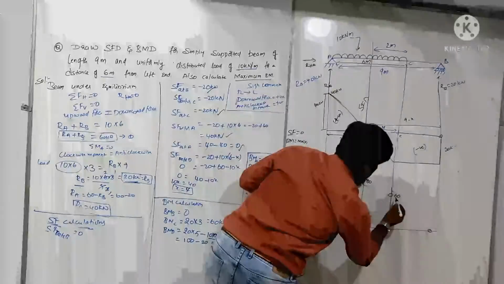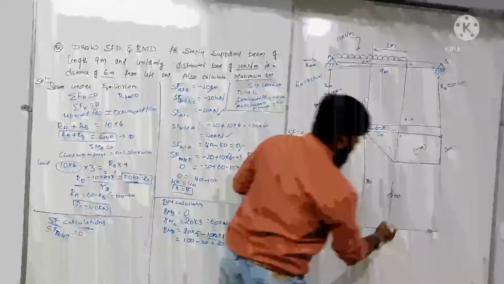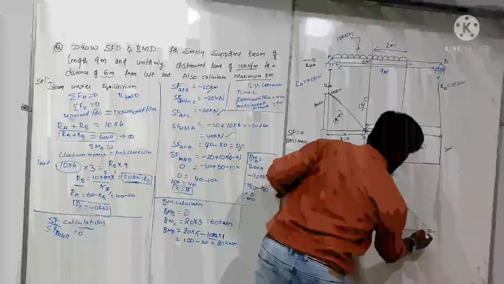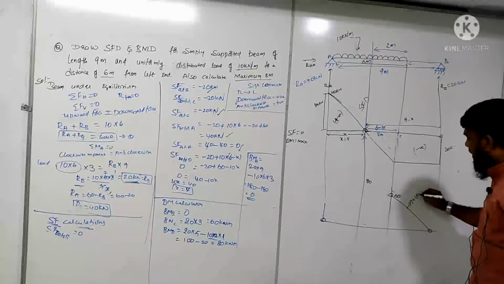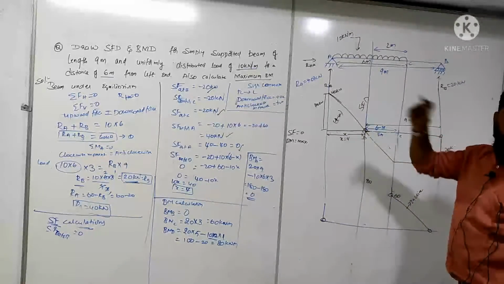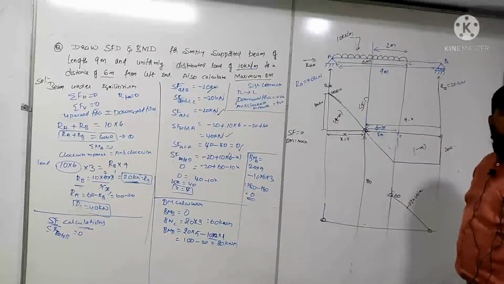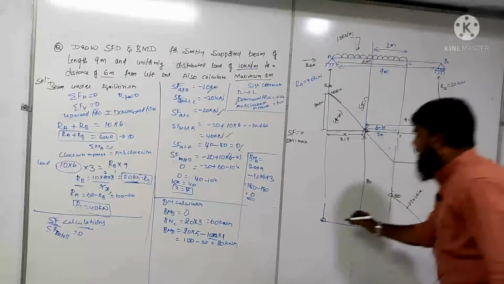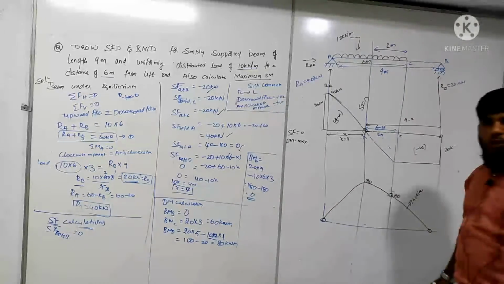So join this. Initially no load is acting, so this should be joined by an inclined line. You have to write here inclined line. But whereas here we are having UDL, in shear force we are having an inclined line. So if it is an inclined line in shear force, this will become a parabolic curve in bending moment.